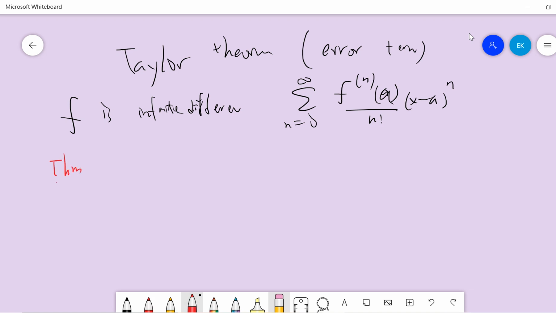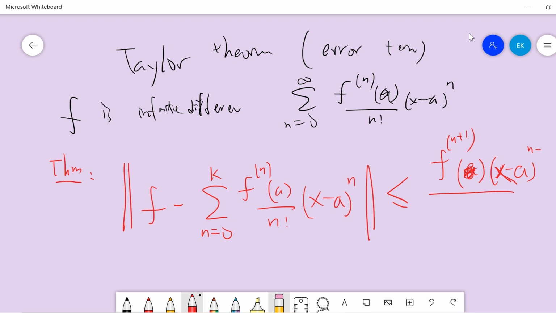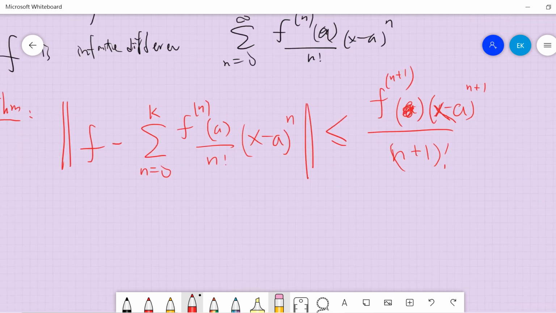So the theorem says that f minus the Taylor expansion up to k, so that means we only do a Taylor expansion up to k terms, the error will be bounded by the next term.